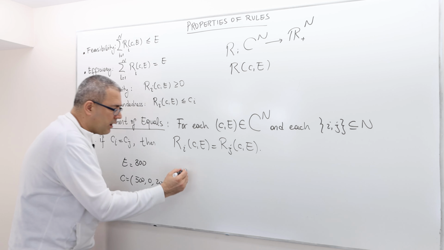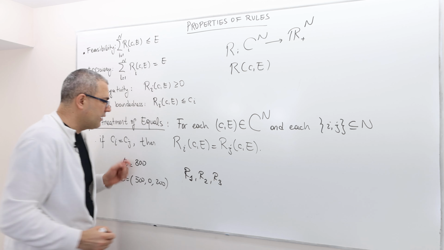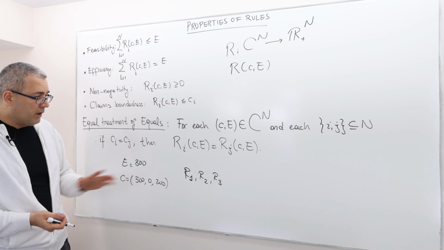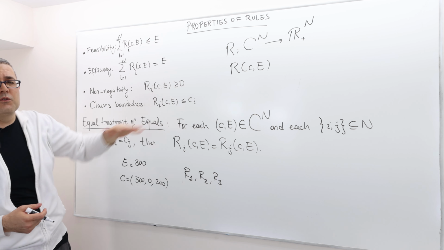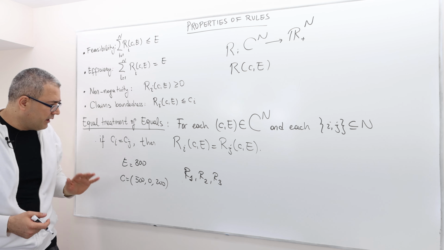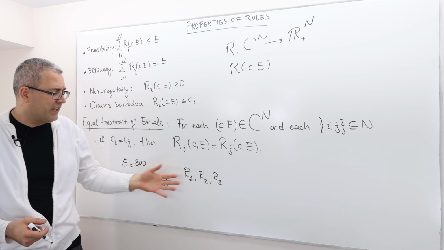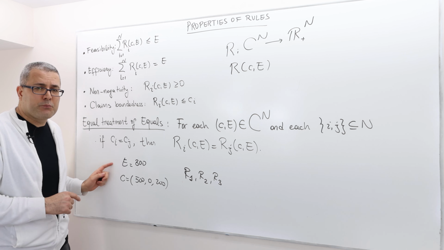Well, what about R1, R2, and R3? Does this assumption say anything about what their values should be? Remember we assumed that if this is a division rule, it has to satisfy those four properties. But the thing is, equal treatment of equals says nothing about R1, R2, R3 for this specific problem.